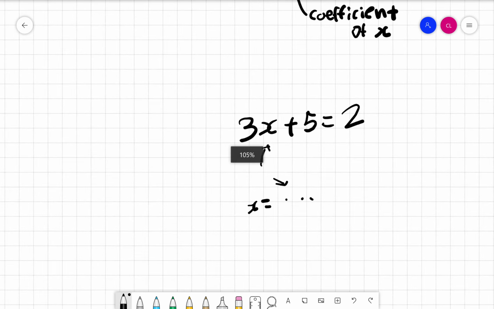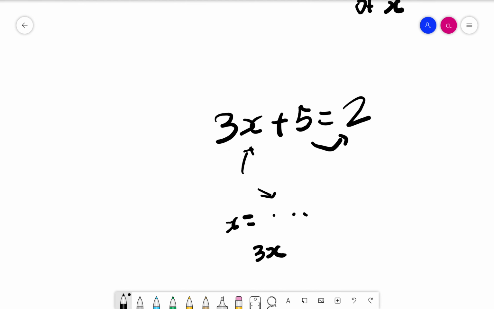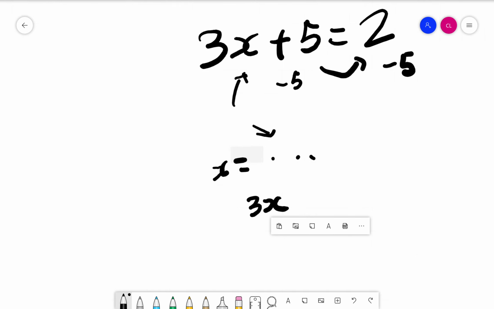Well, first you probably want to move the 5 to the other side, so you only have 3x on this side. But of course you can't just make the 5 spontaneously disappear, so you need to do the opposite operation and remove the 5 on both sides. And both sides because you don't want to change the equation or make it not equal to what it was before.